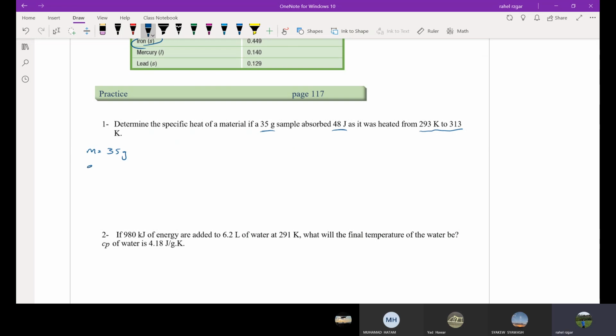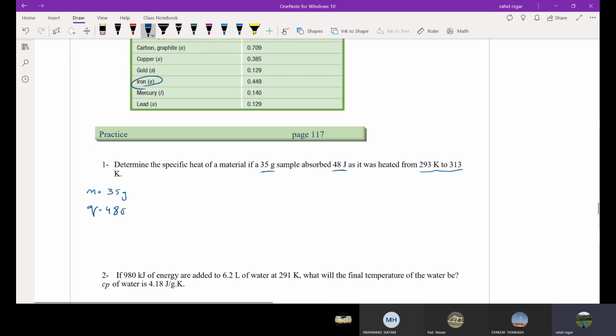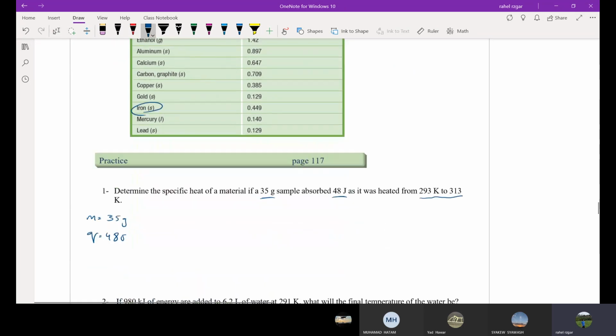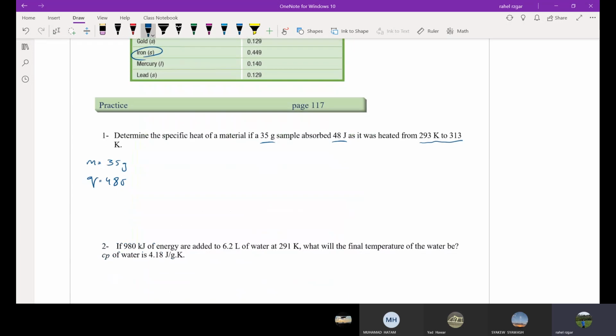Now, Q, on the other hand, is 48 joules. Everyone sees that joule, the specific heat is joule per gram K, joule per gram Celsius. So the energy always must be in joule, mass must be in grams. So as you can see, this one is in gram, this one is in joule. So no problem here.